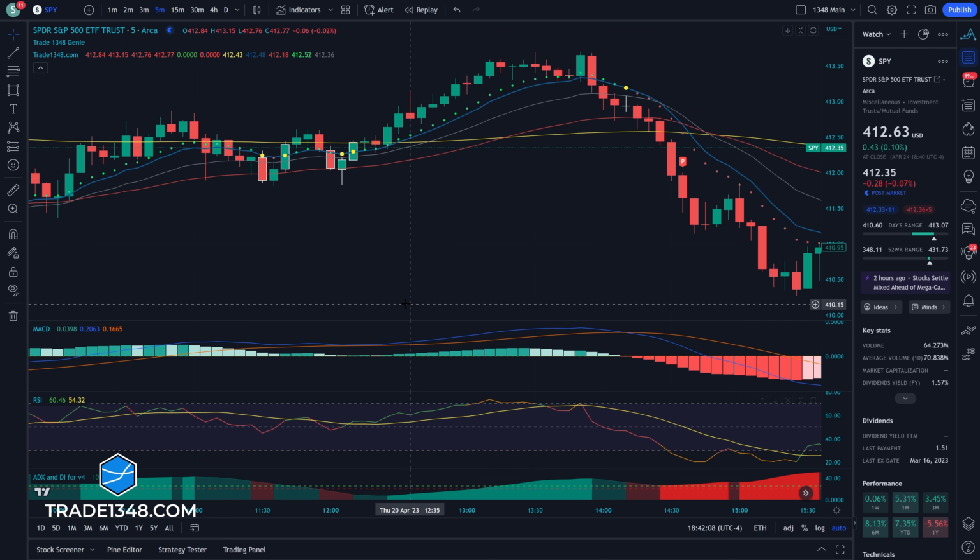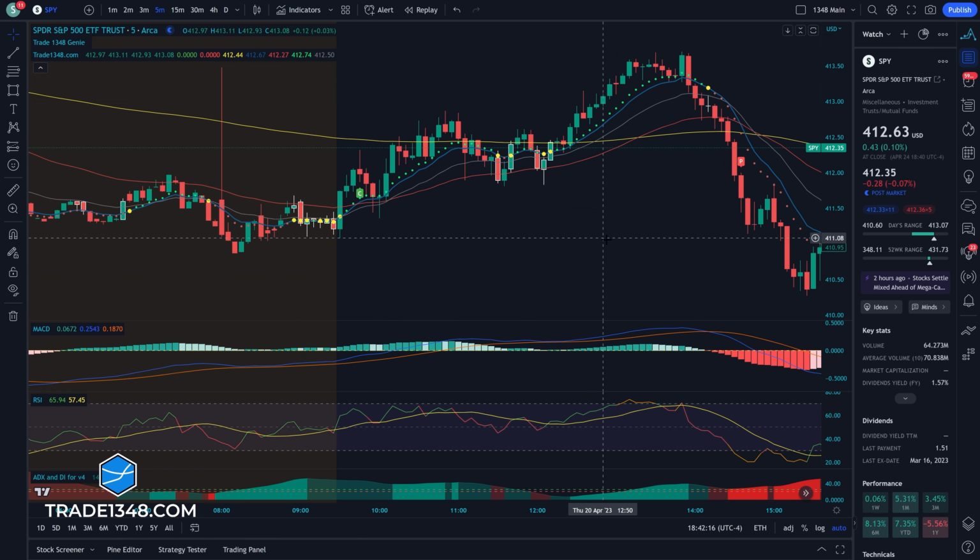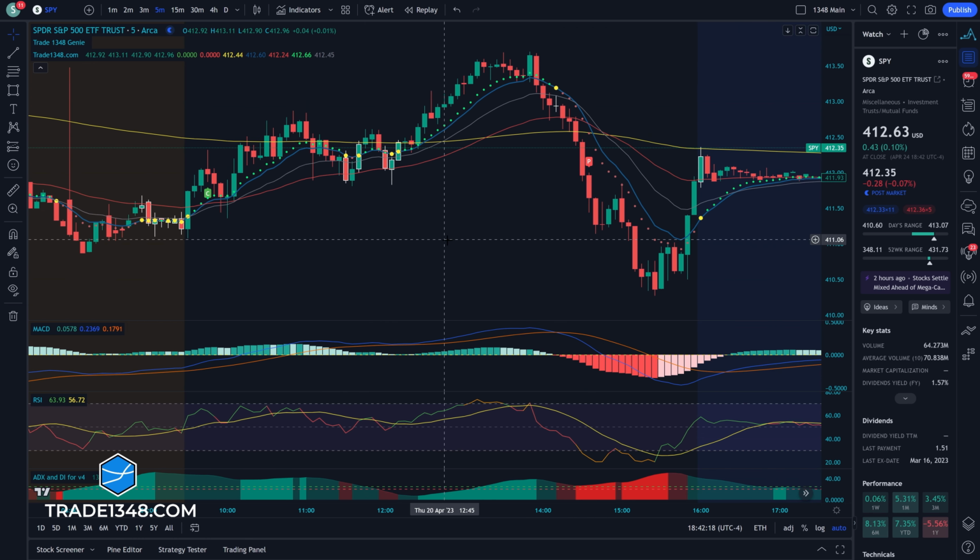RSI broke above its moving average, MACD showing bullishness, and the ADX is showing strength along the move. Not very complicated, I hope. Now we're going to add additional layers, and as you can see, the additional layers are simply complementing every layer before it.